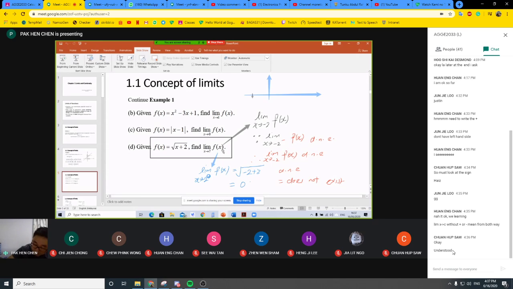For the point from the right side, we still have points close from the right side. But we do not have any point from the left side. Therefore, from the left side, we do not have that limit. It does not exist.